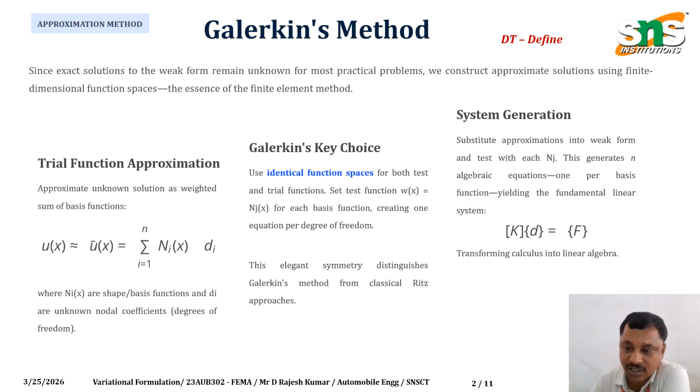The trial function approximation. We approximate our unknown solution, that is u of x, as a weighted sum of known basis functions. u of x is approximately u bar of x, that is the summation of i equals 1 to n, N_i of x into d_i. Here, N_i of x is the basis function or shape function.